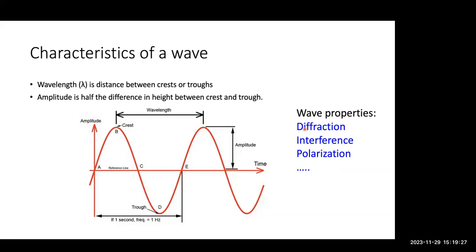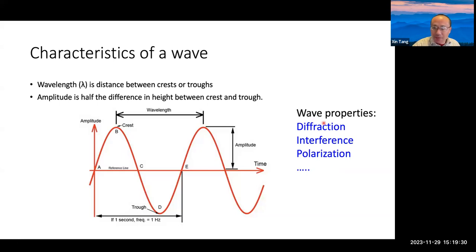Okay, good. For example, this diffraction: the reason in the first few slides when we shrink the pinhole, we see the image become blurry, become dim, and become larger, is because when the wave passes through a pinhole that has a diameter at a similar spatial level as the wavelength, then the light will diffract.